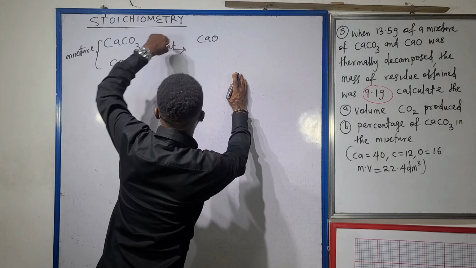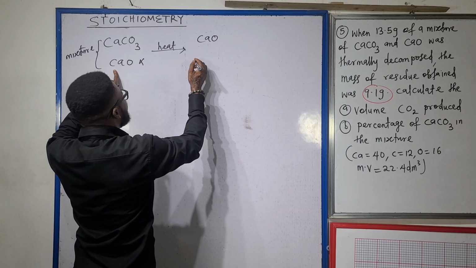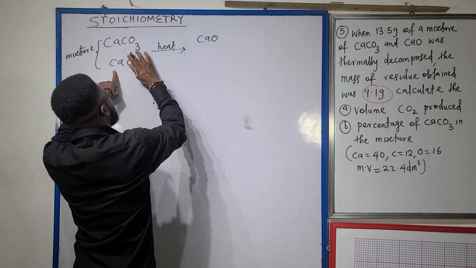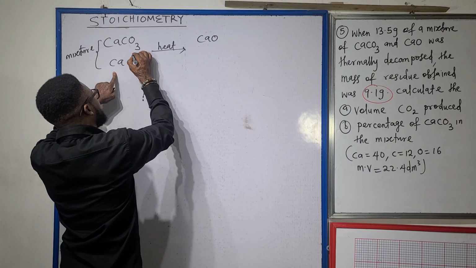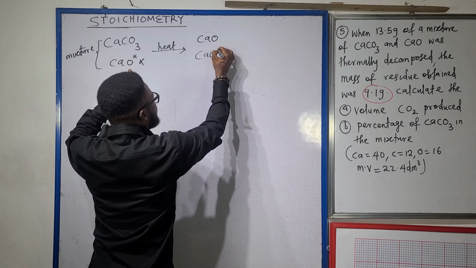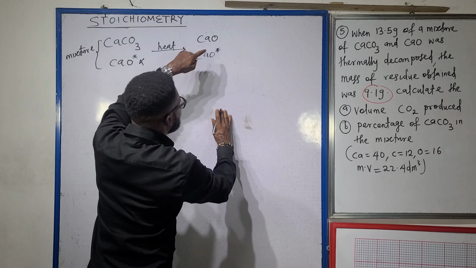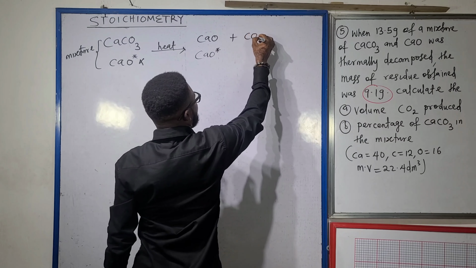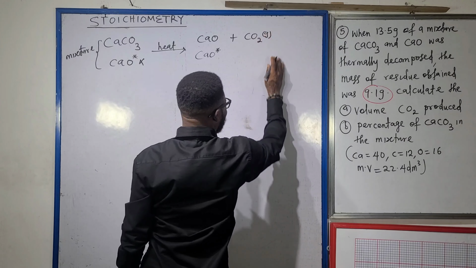This calcium oxide from the reaction, this particular calcium oxide, not, let me asterisk this, not from the reaction. So what I have is calcium oxide, not part of the reaction, plus the calcium oxide that is part of the reaction, plus carbon dioxide gas.